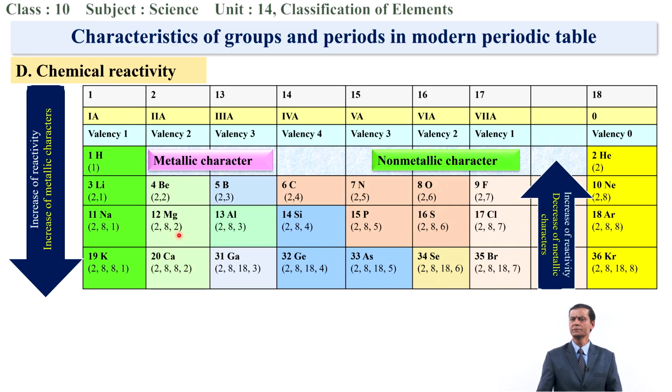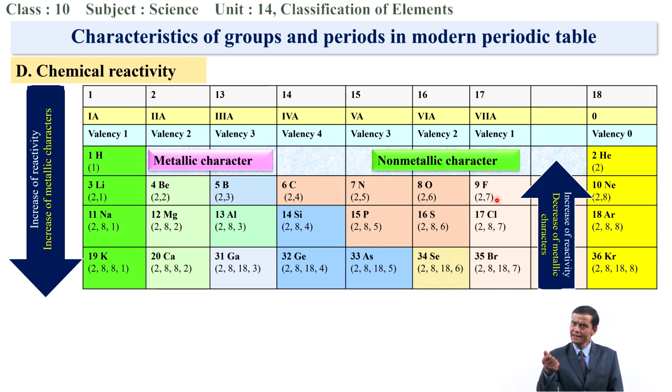But what happens to non-metallic elements? Yes, top to bottom, that reactivity decreases. Look at it. Here, if we compare fluorine, chlorine and bromine, which is highly reactive? Yes, this arrow represents that fluorine is highly reactive. How is it reactive?